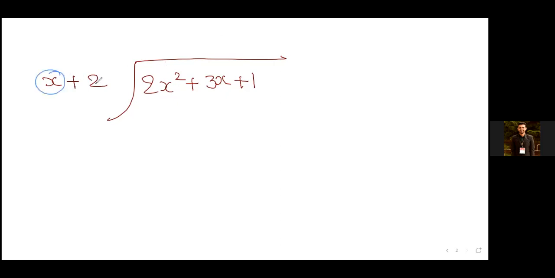First, let us look into this as well as this term. What is here is 2x square.